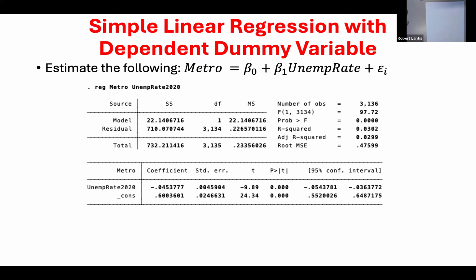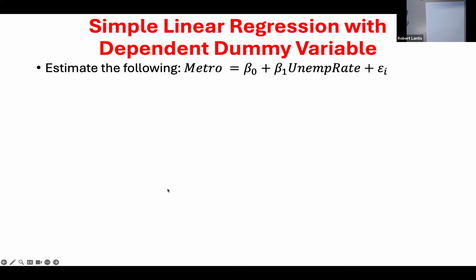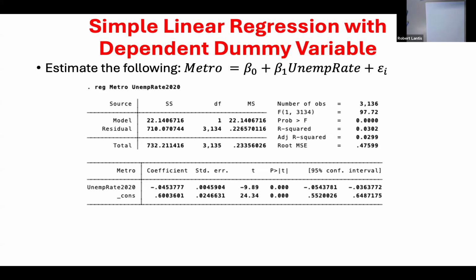Well, if a dummy variable is only between 0 and 1, the units of my y variable are essentially changes in the probability it's a metro county. So if I were to select a county at random and its unemployment rate goes up by 1%, the probability that it's a metro county would decrease by 0.045.